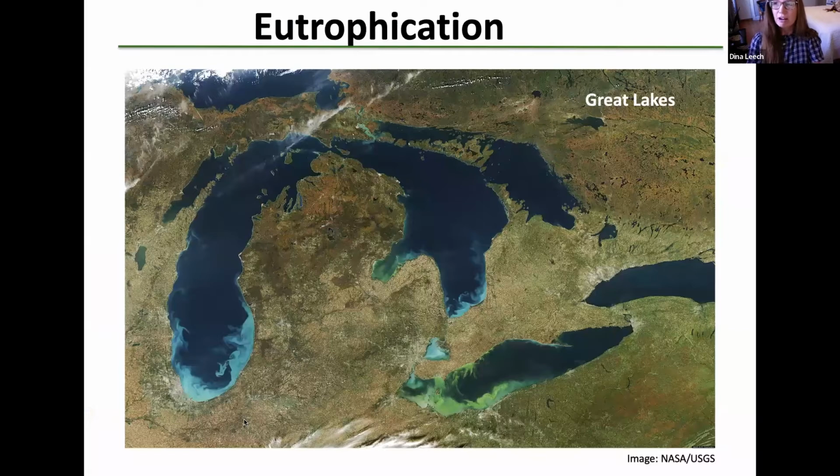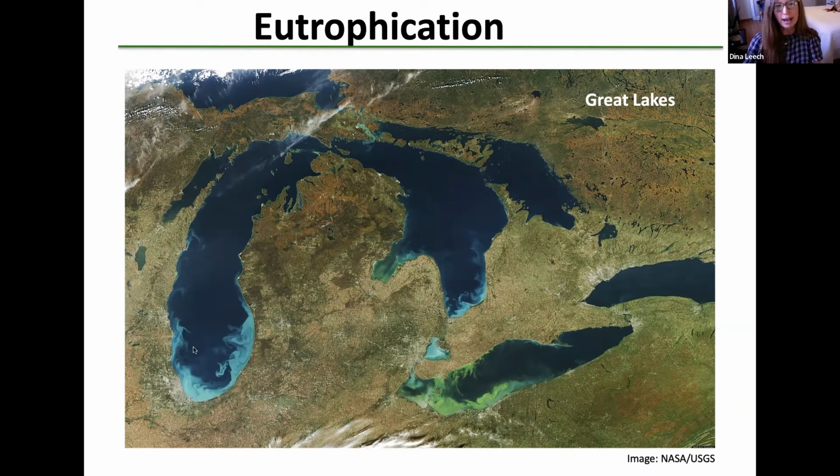Sometimes these alterations to the watershed are so dramatic that we can see their effects from space. What I'm showing you here is a satellite image of the Great Lakes. And what we can see are some massive algal blooms that are occurring in Lake Michigan, parts of Lake Huron, and Lake Erie as well.